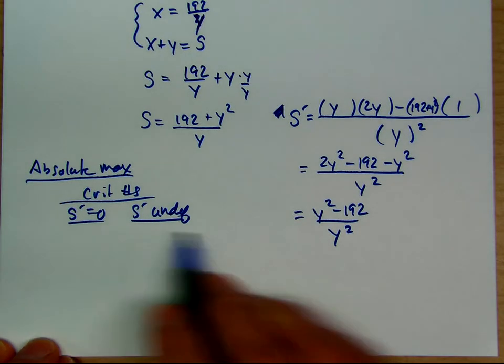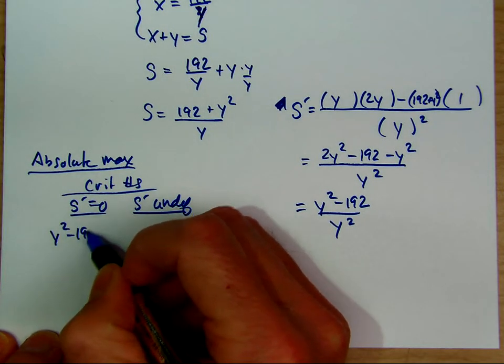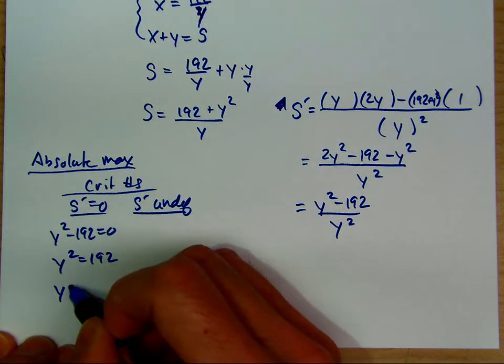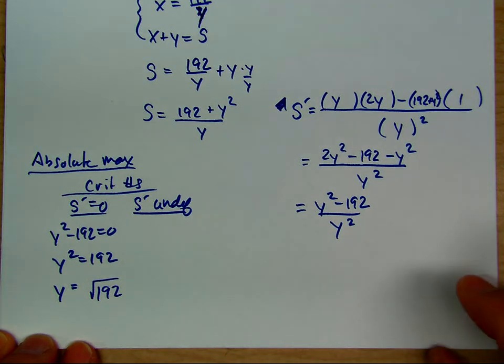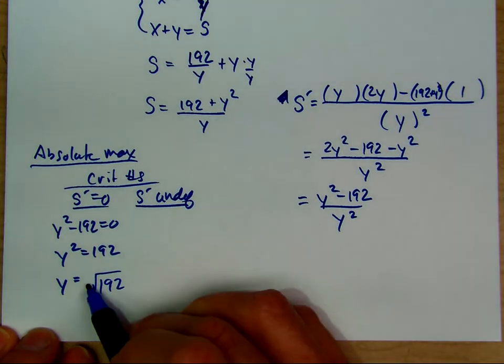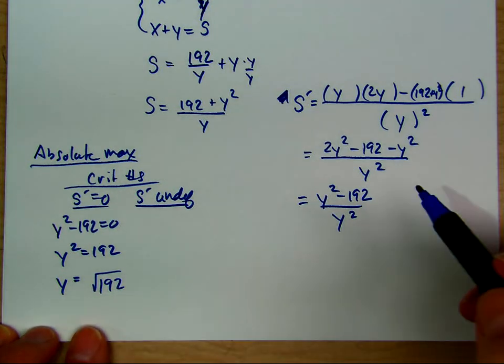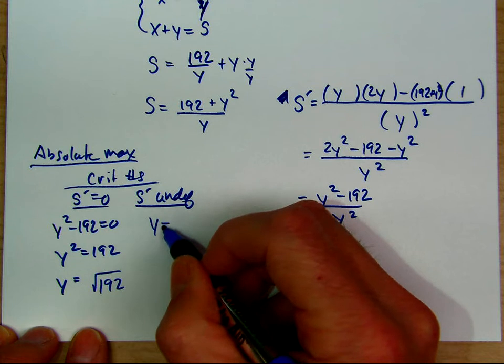A fraction is 0 when the numerator is 0. And we would have positive or negative here, but it says there are two positive numbers, so we ignore the negative. And s prime is undefined. The derivative is undefined when y equals 0.